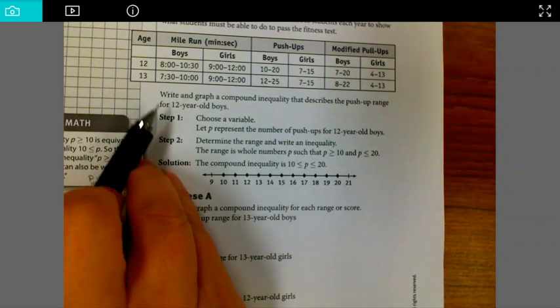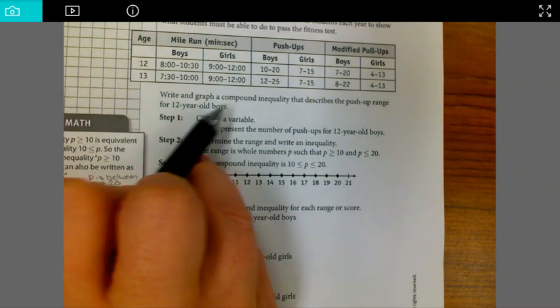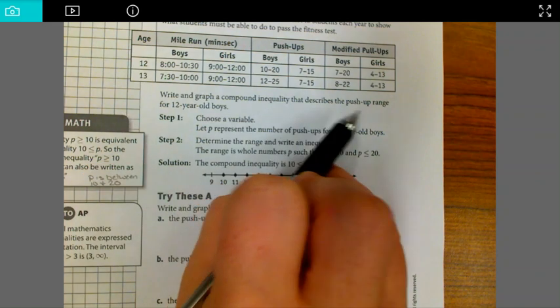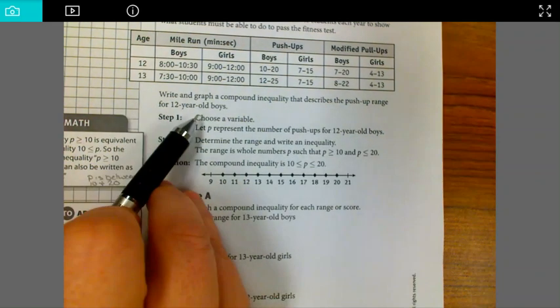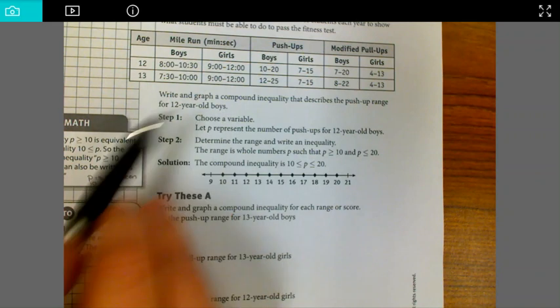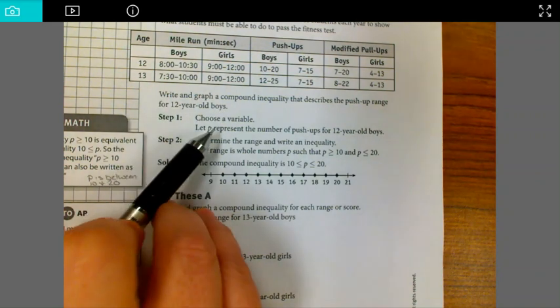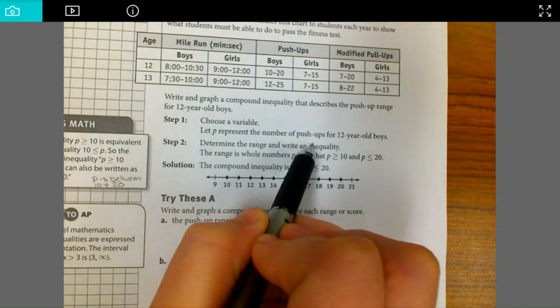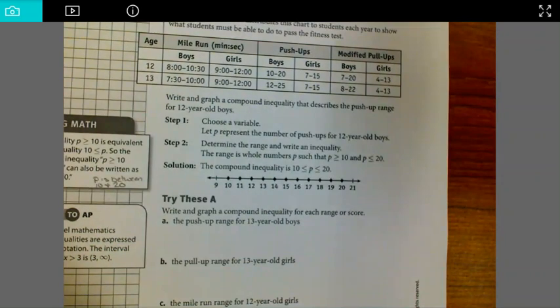The question asks, write and graph a compound inequality that describes the push-up range for 12-year-old boys. Step 1, choose a variable. So let P represent the number of push-ups for 12-year-old boys.